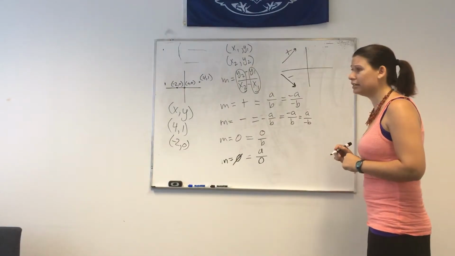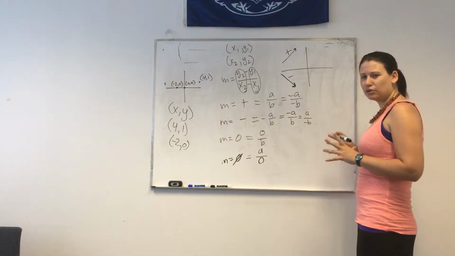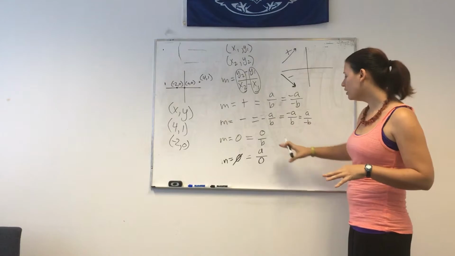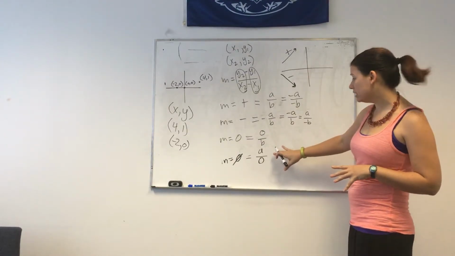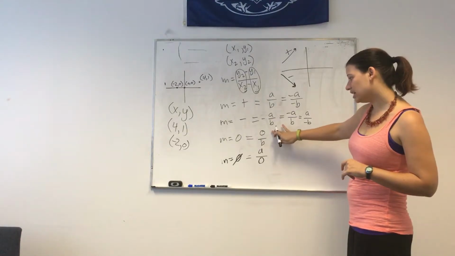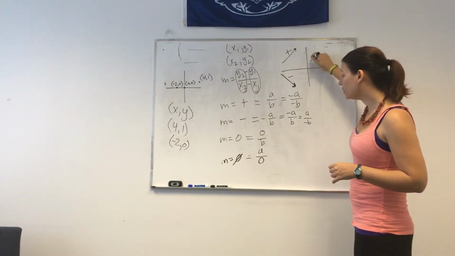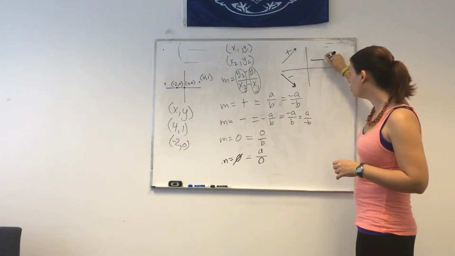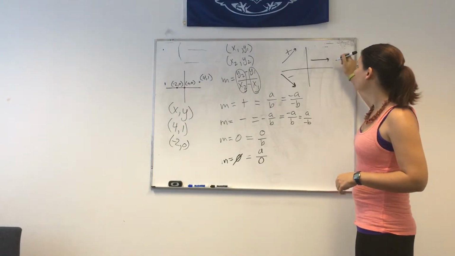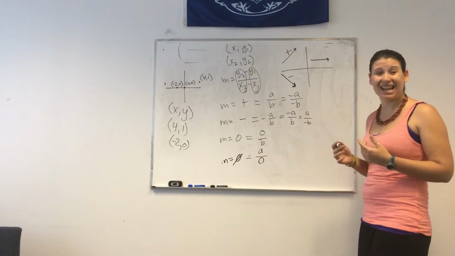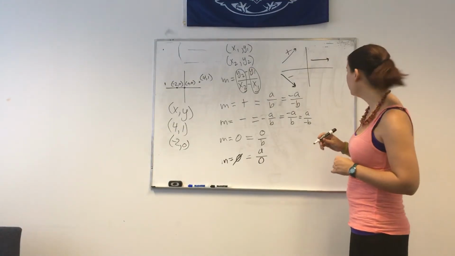Now, 0 and undefined. We need to think about those as rise and run, right? We have them written out as fractions, so 0 slope is 0 rise, but lots of run. Starting at a point, we don't go up any, but we run, or have lots of x. So it just goes straight across, that's a horizontal line, okay?